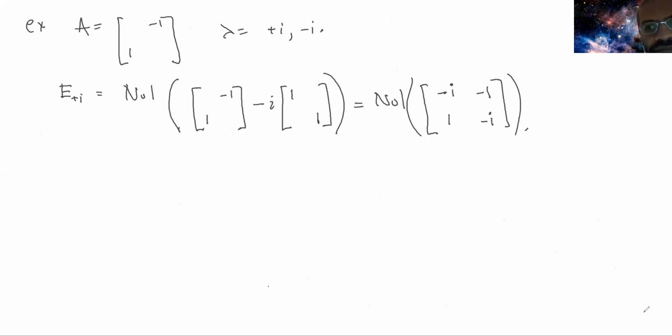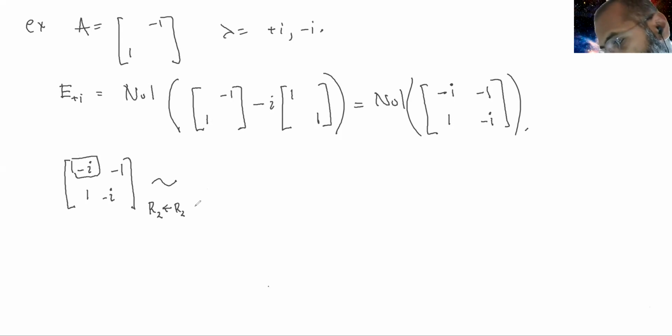Okay, so how do you find a null space when you do row reduction? Well, this is the pivot, right? I need to zero this out. What do I do? Well, I replace the second row, and I need to cancel this one.